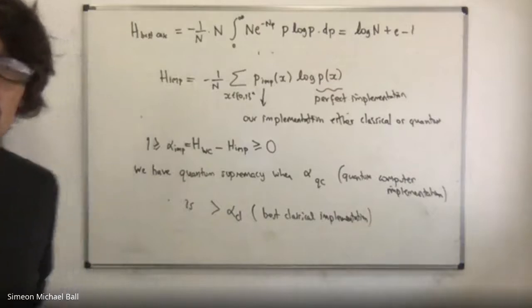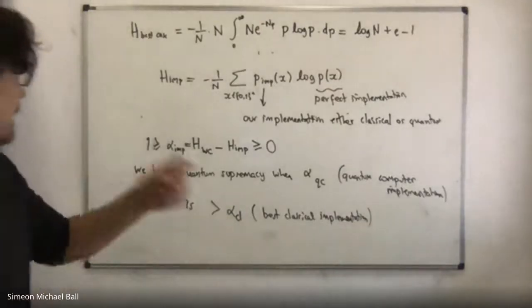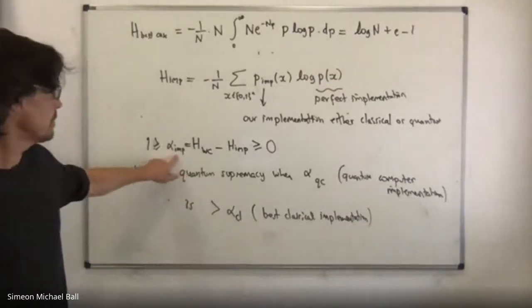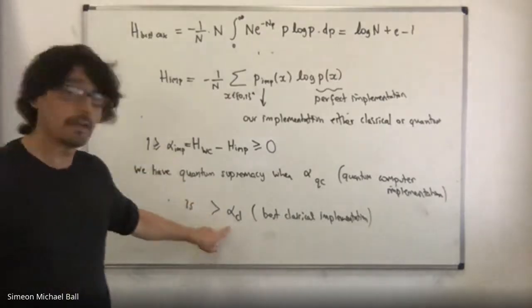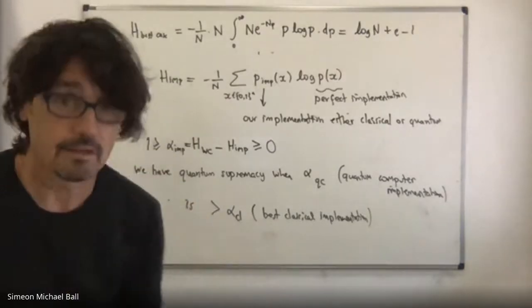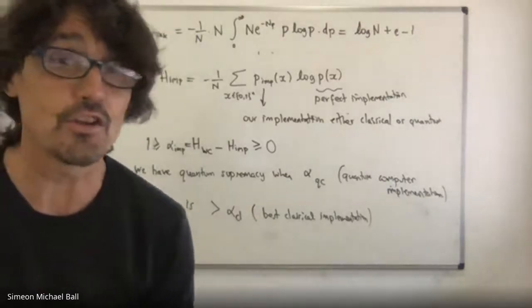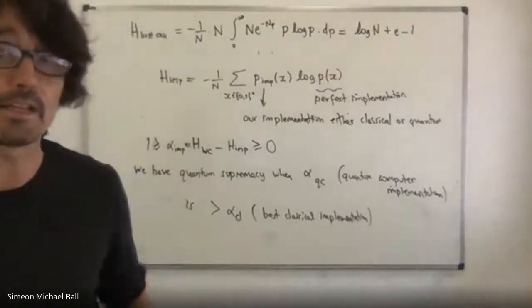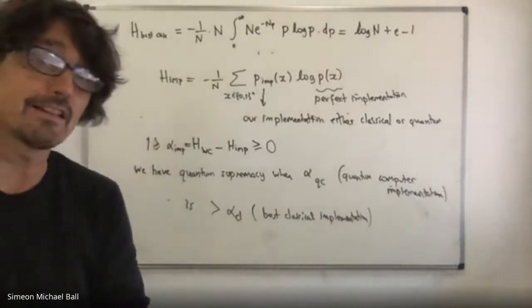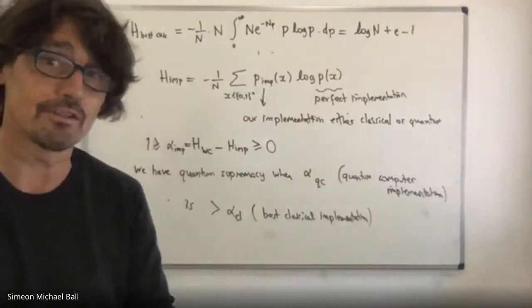Well, this is better than the best classical. So this alpha for the quantum computer implementation is strictly bigger than the best possible classical implementation. So it's got nothing to do with factorizing extremely big numbers. It's just implementing a randomly chosen unitary matrix.